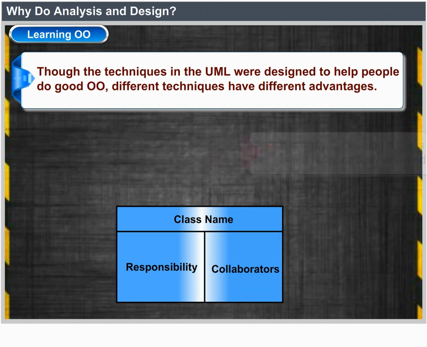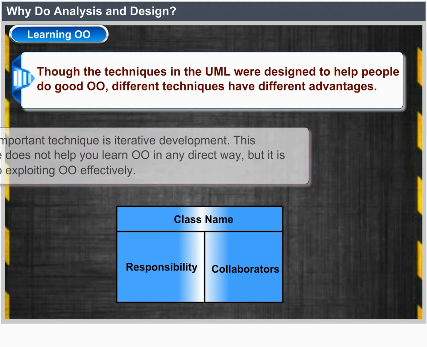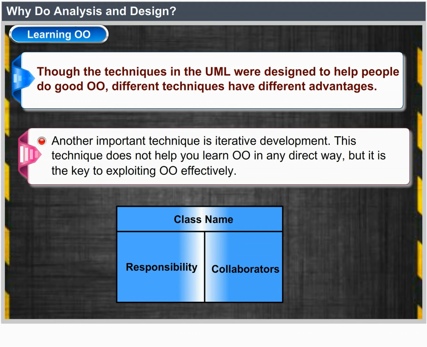of using it. The concept of patterns has become vital to learning object-oriented because using patterns gets you to concentrate on good object-oriented designs and to learn by following an example. Another important technique is iterative development.